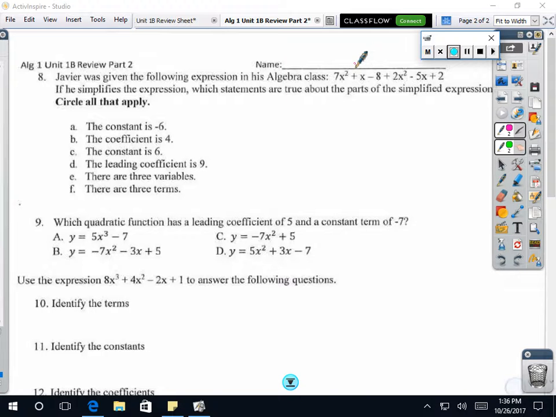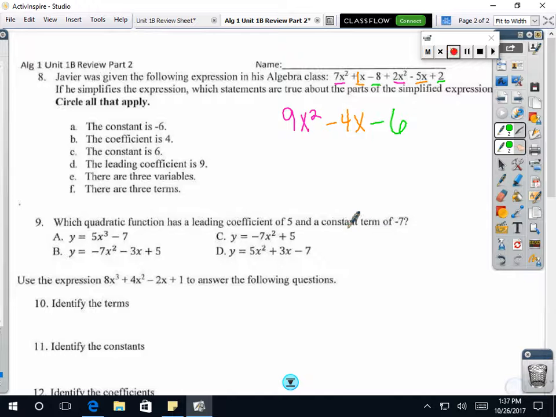Okay, which is simplifying it. 7x squared can combine with 2x squared, and yes, that makes 9x squared. Then after that, we have a positive 1x, and it can combine with the negative 5x, and when you combine those, you have how many x's? Right? And then we have a negative 8, and it can combine with 2, and when you combine those, you have a negative 6.